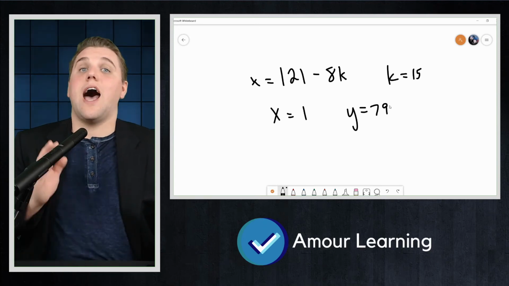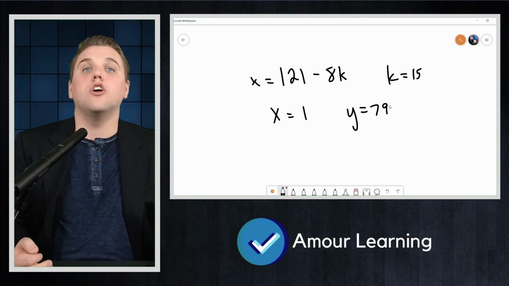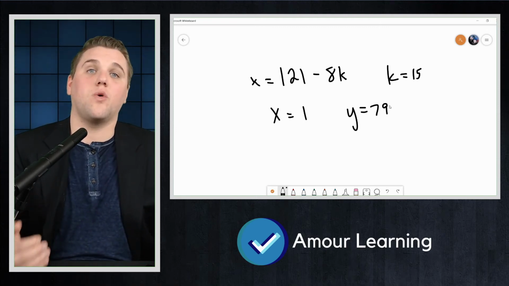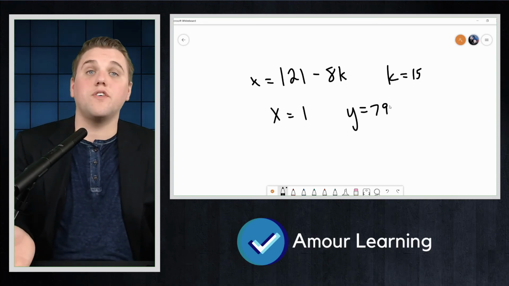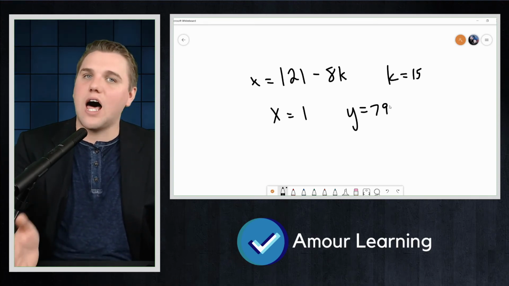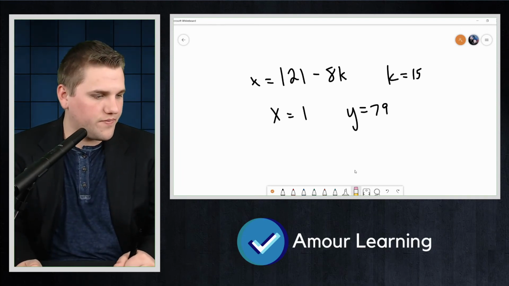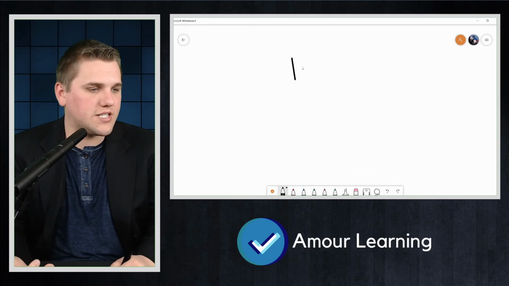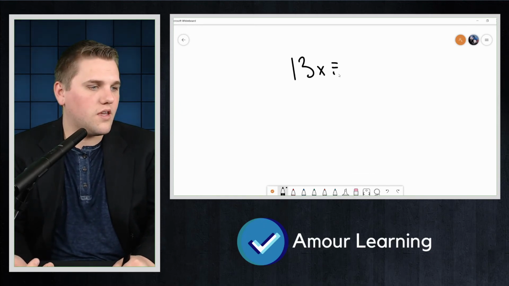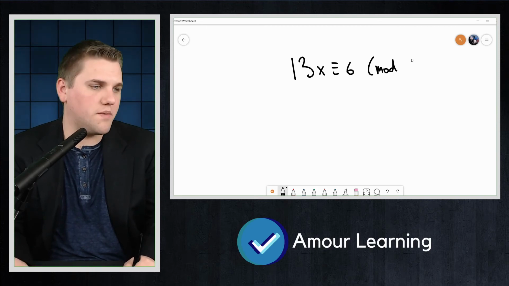Using this method, as long as you can solve linear congruences in one variable, you can solve linear Diophantine equations of two variables. There are times, though, that solving the linear congruence is a lot of work. For example, suppose you wanted to solve, let's say, 13x equals 6 mod 51.